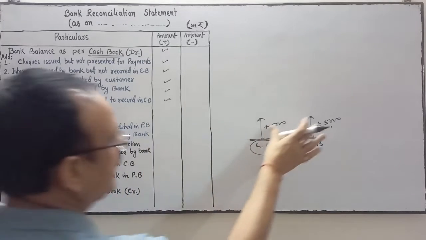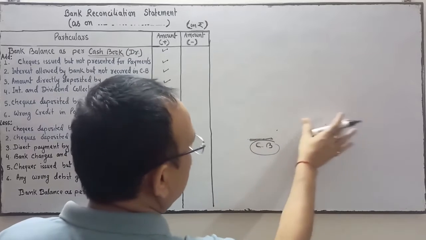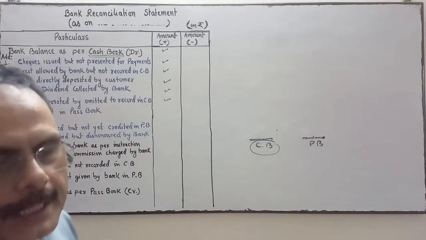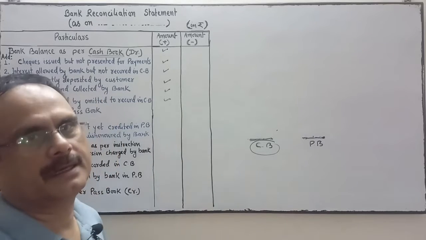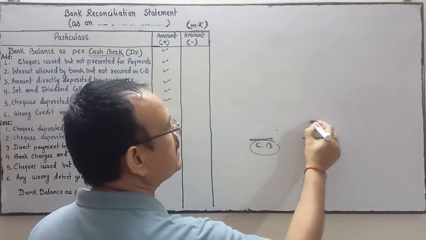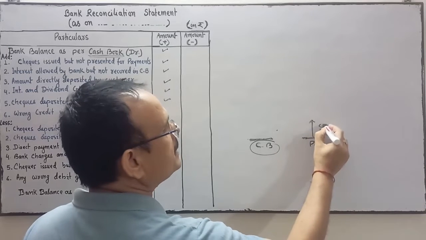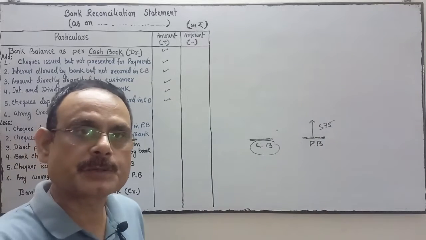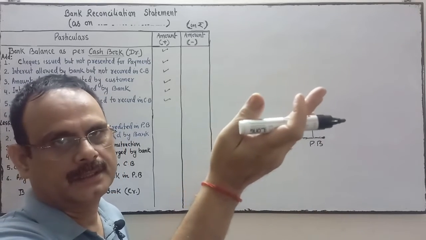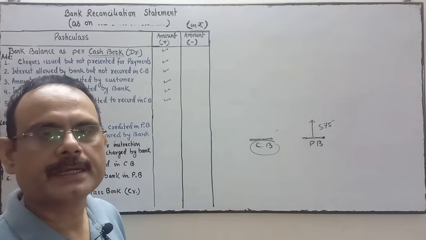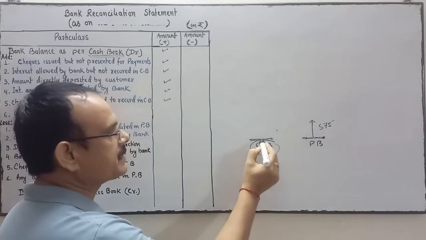Next is wrong credit in passbook. In the passbook, a wrong amount is credited. When a wrong amount is credited in the passbook, the passbook balance has increased. Suppose 575 rupees is wrongly credited in the passbook; it means the passbook balance has increased. That mistake is not made by our accountant in the cash book, so the cash book balance is not affected.